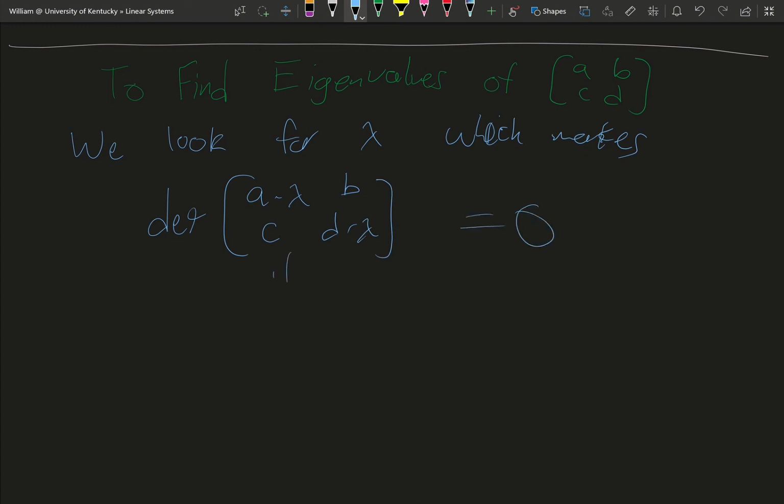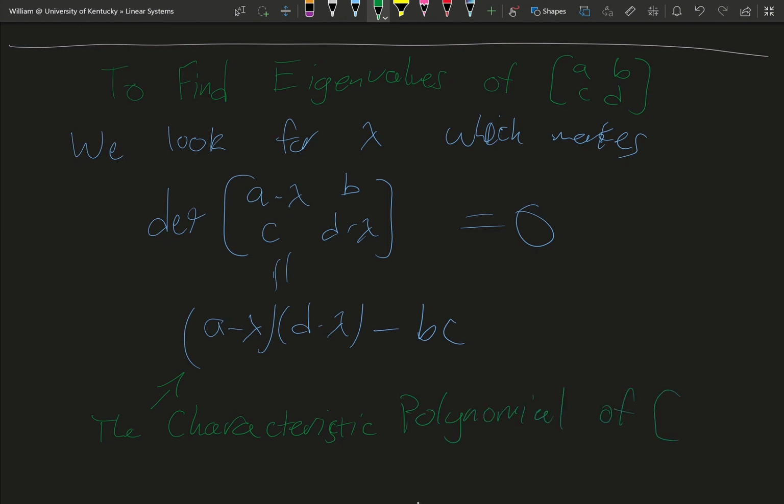If we fully expand it, it's (A minus lambda)(D minus lambda) minus BC. This is what's known as the characteristic polynomial of our matrix.